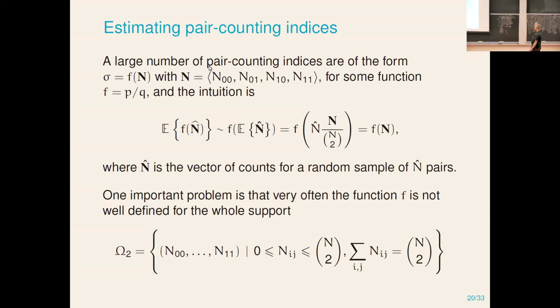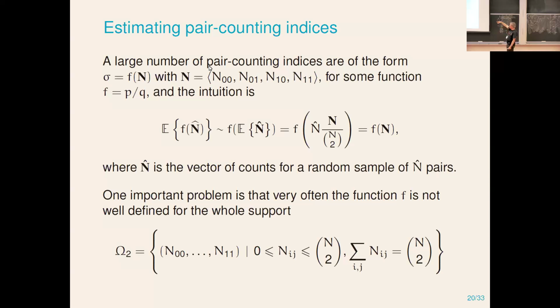And now the intuition is that the expected similarity for the sample will be an asymptotically unbiased estimator for the similarity of the population. In general, the expectation of F is not F of the expectation, but we are close enough, especially if our sample is big enough.